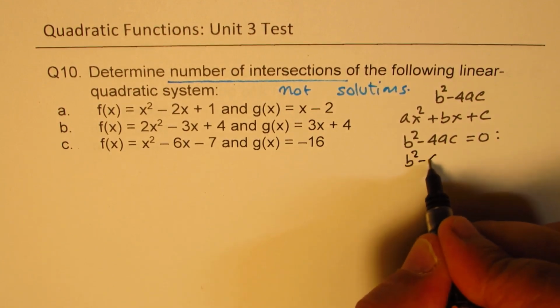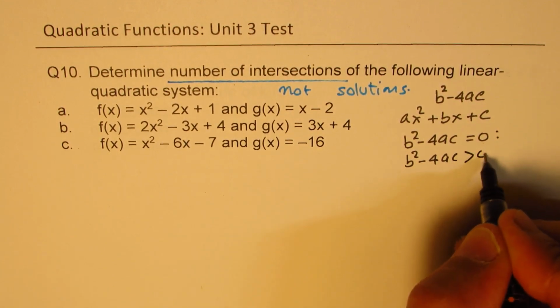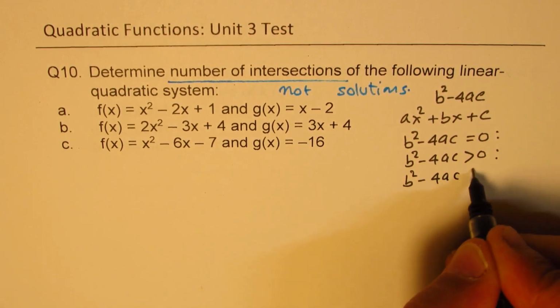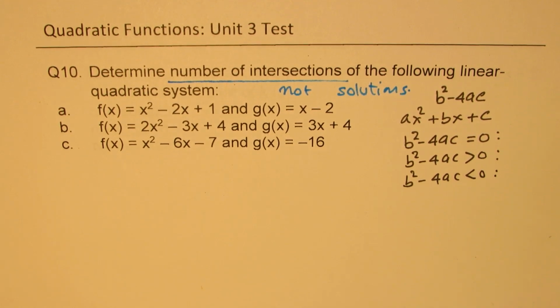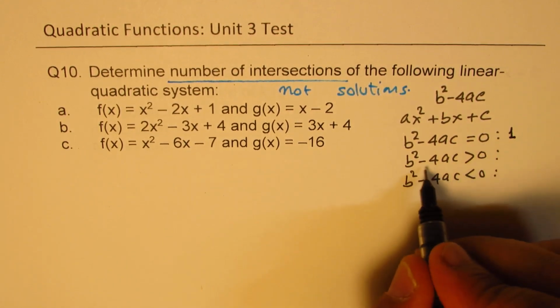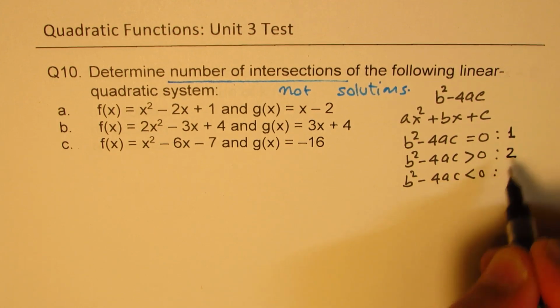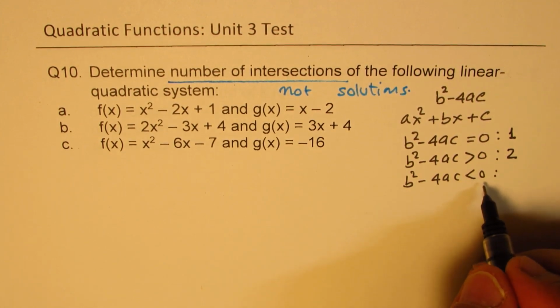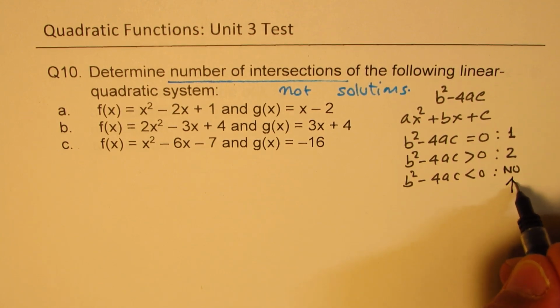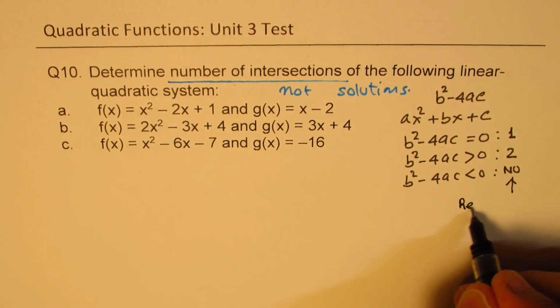If b square minus 4ac is greater than 0, it means what? And if b square minus 4ac is less than 0, it means what? Well, if it is equal to 0, then we have one solution. If it is greater than 0, we have two solutions. And if it is less than 0, we have no real solutions.